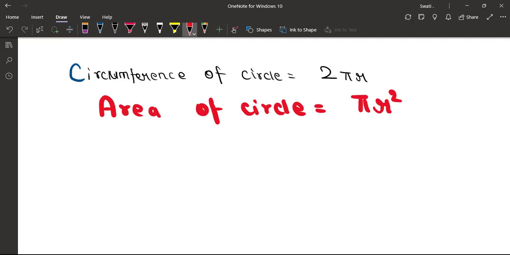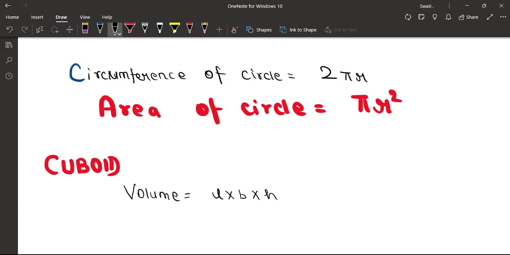Now we can go to the formulas of volume, surface area and curved surface area. Let's go to the formula for cuboid first. Manya, can you tell me the volume of a cuboid? It's length times breadth times height.